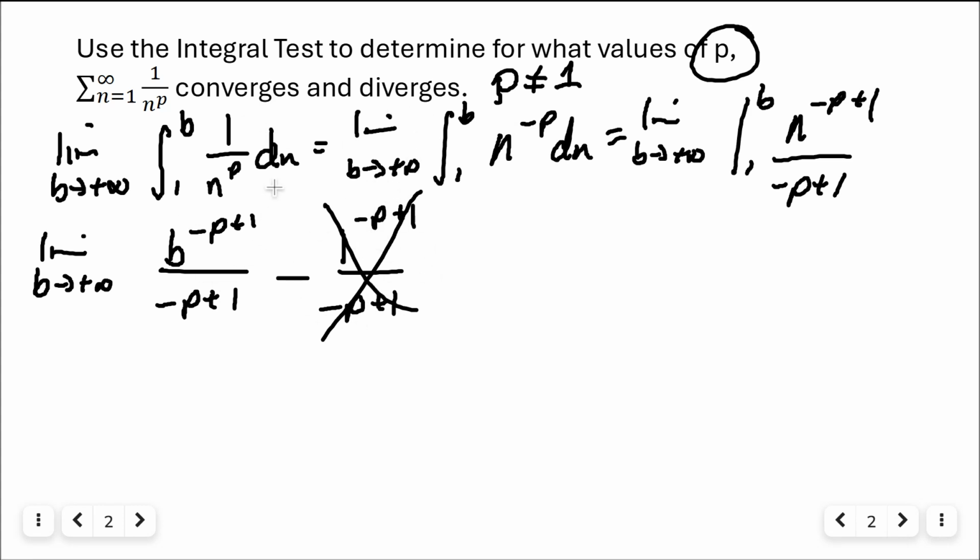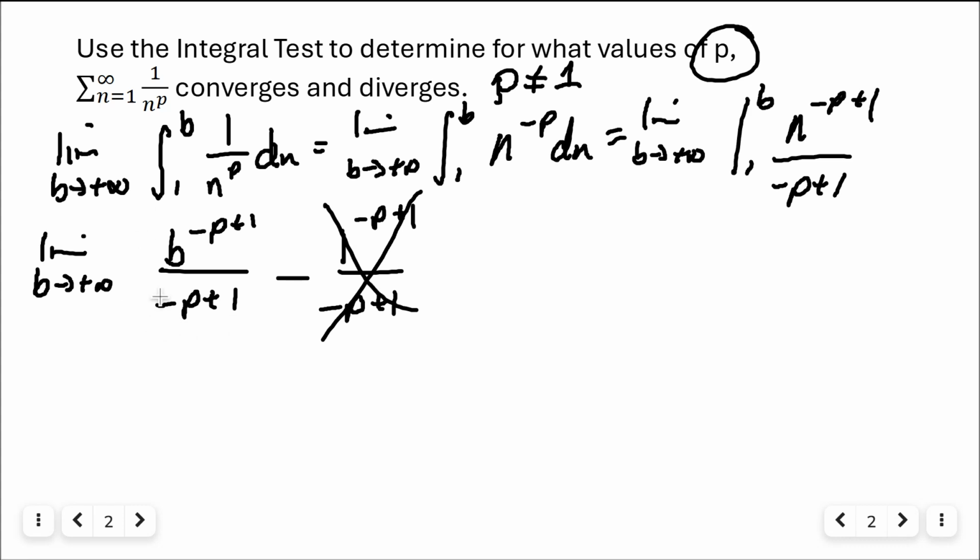It does nothing. So everything rides on this first term here, b to the negative p plus 1 over negative p plus 1, because b is what's going to infinity. So this infinity right now is the base, and then it's raised to some numeric power. So the question is, how can I determine whether or not this term will go to infinity or it'll be a finite value?